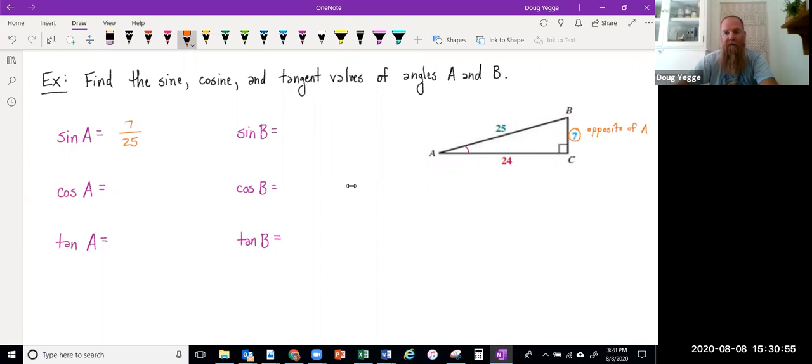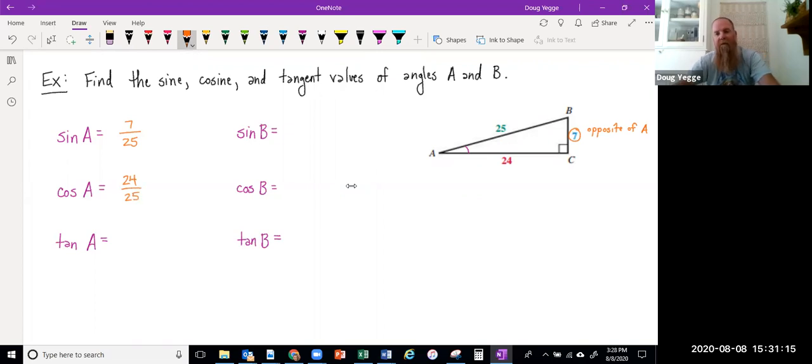It was the opposite side of A. All right, well, when we take a look at cosine of A, notice that cosine of A is the adjacent side over the hypotenuse. So that's simply going to be 24 over 25.